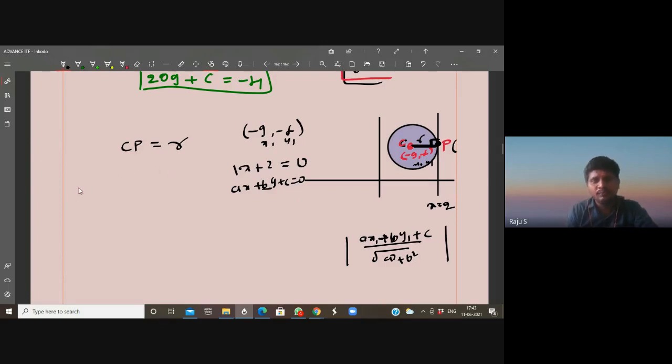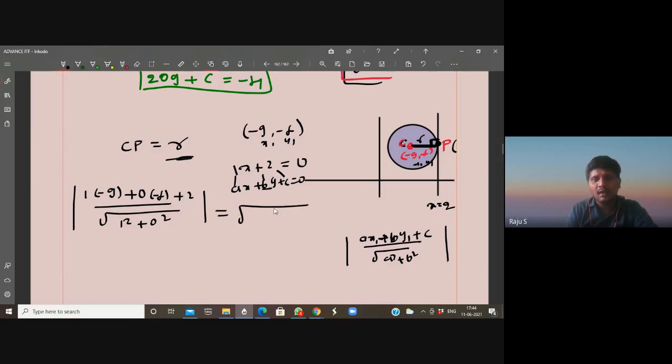So CP, the perpendicular distance, I am taking as 1 into x1, a value is 1, b value is 0, c value is 2. Minus g plus 0 into minus f plus 2 by root over a square plus b square, that is 1 square plus 0 square. It is clearly equal to the radius. Radius is already root over g square plus f square minus c.